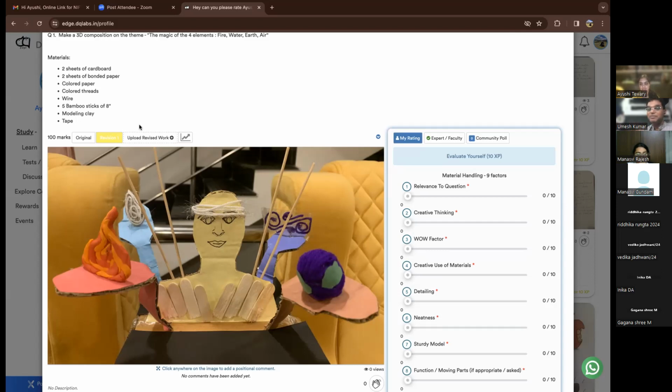So here is the tip. You have certain strengths. You have certain ways of doing certain things very, very nicely. Use them in your model. Doesn't matter what the topic is. Use those techniques, those methods to convey that particular topic. For example, let us say somebody is good at folding paper. They do a fantastic paper folding exercise.